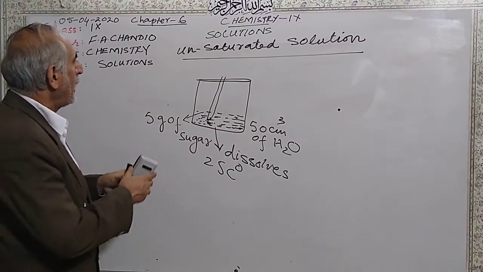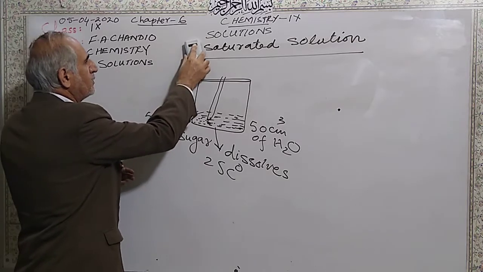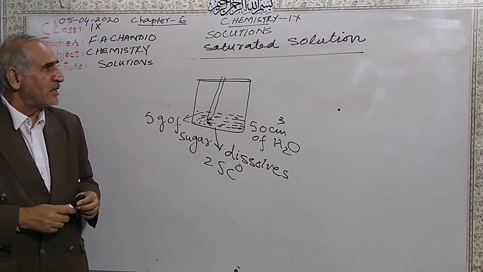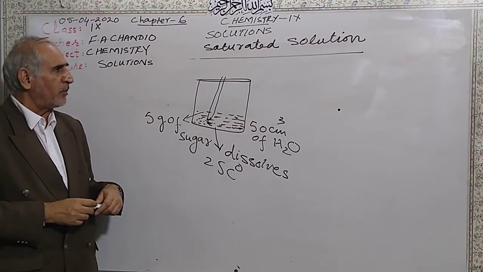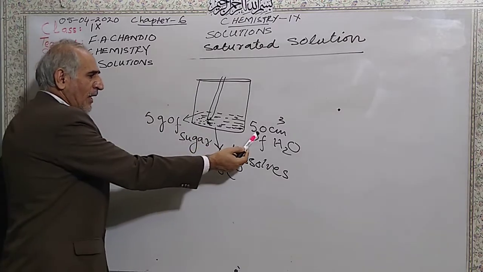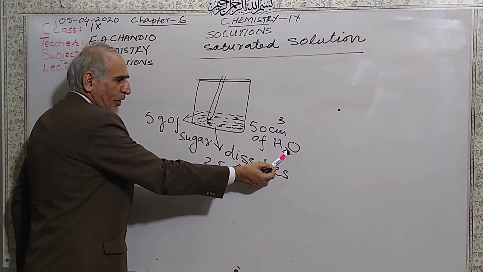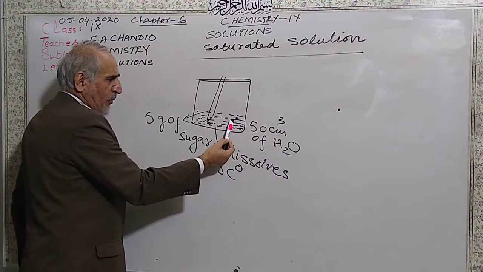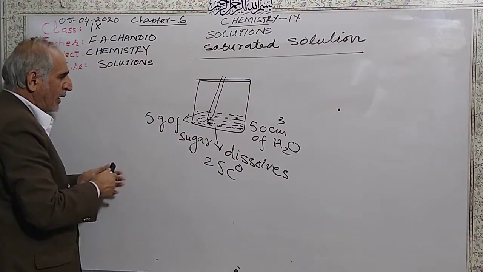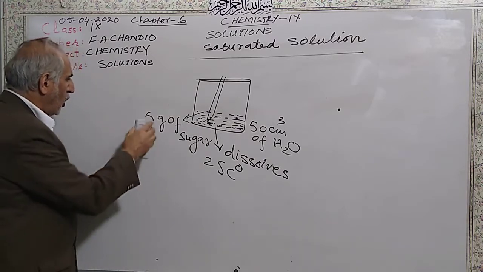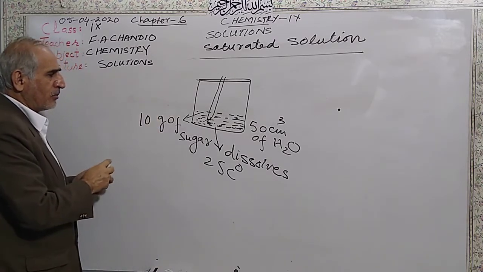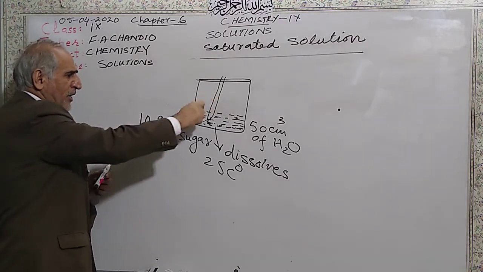I think you understand. The other one is saturated solution. For a saturated solution, you again have 50 centimeter cube of water, solvent, in a beaker, and you are dissolving 5 grams of sugar, and now you are making it double, 10 grams, and stirring it.